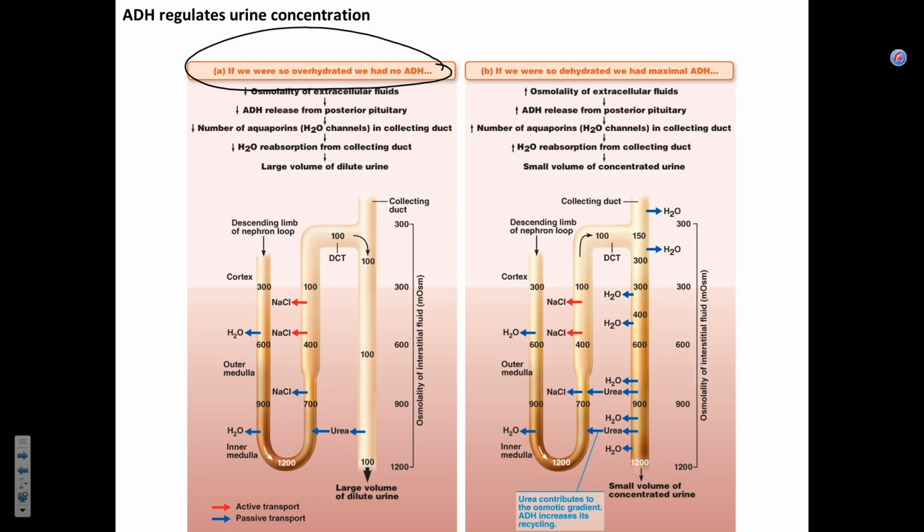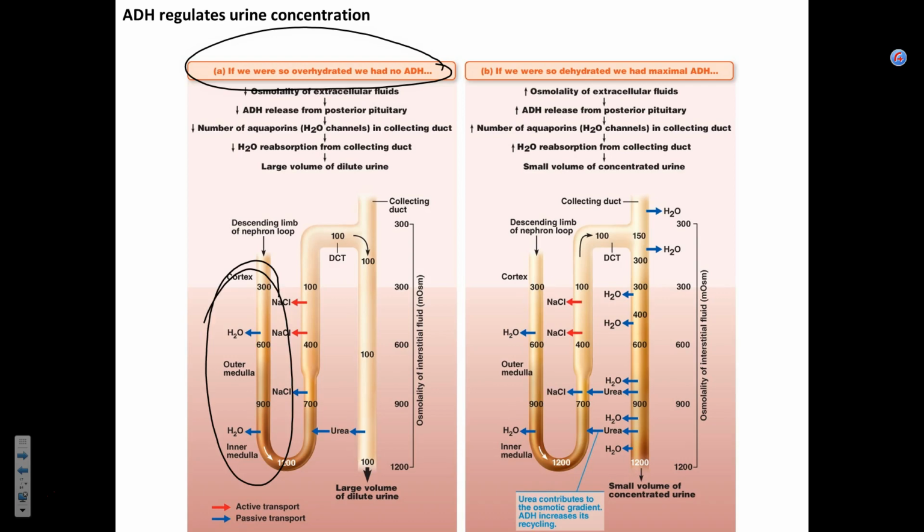What do we need to do with all that excessive water? No, God forbid, no. I'm standing here chugging 2 gallons of water. What am I going to do? I'm going to pee. I'm going to pee all that water. Does that make sense?